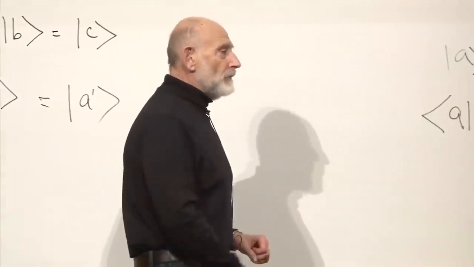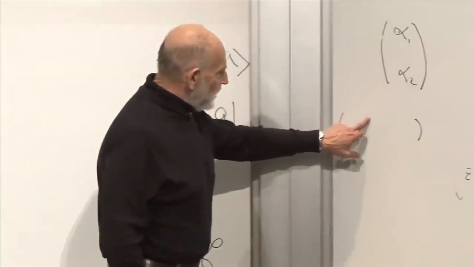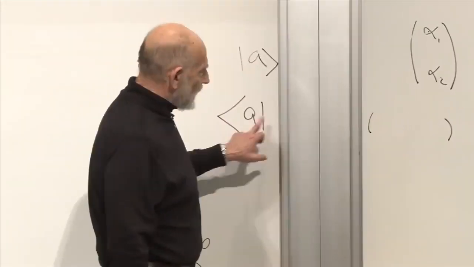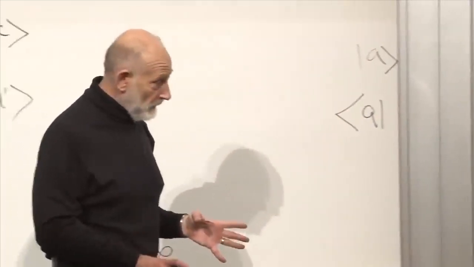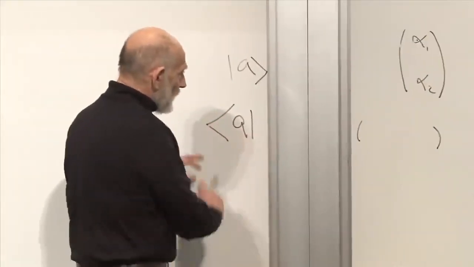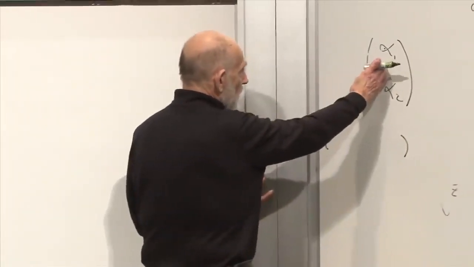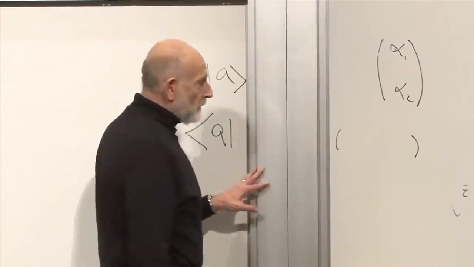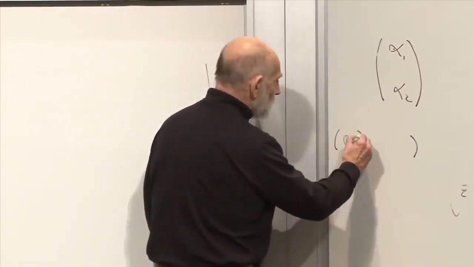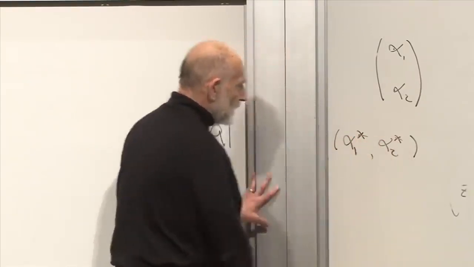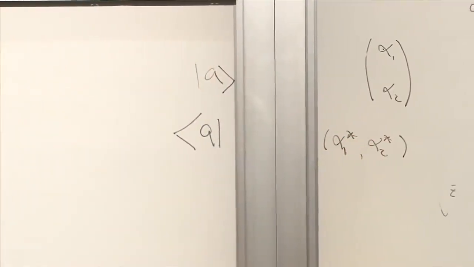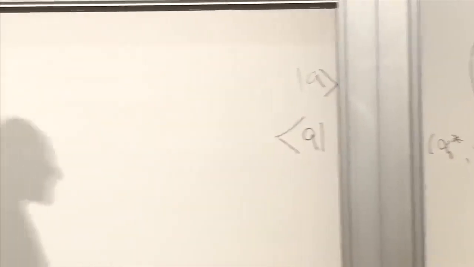This is just a trick to remember that this object belongs to the dual vector space, this object belongs to the original vector space, and that they're different. All right, so the dual vector space image of alpha 1 and alpha 2 is alpha 1 star, alpha 2 star.